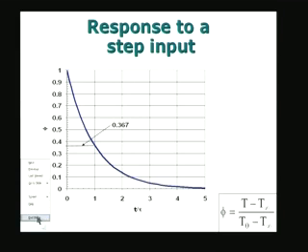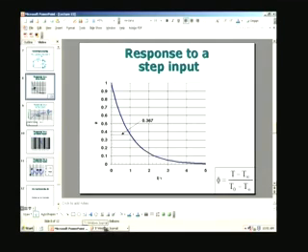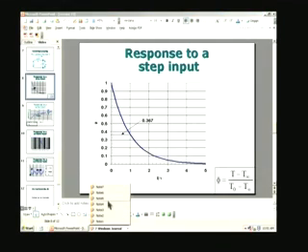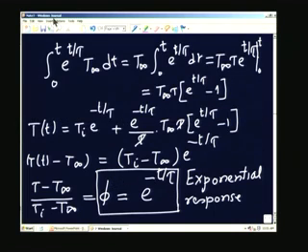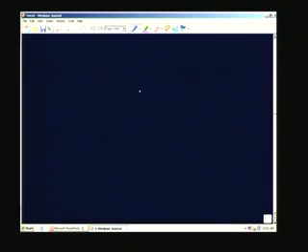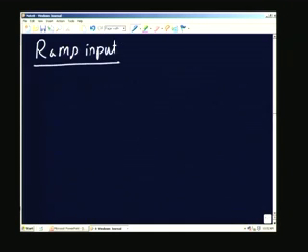So, let us look at the equation again, and what I am going to do is look at a slightly different change of temperature of the ambient. So, if I have a ramp input, ramp input is very common.